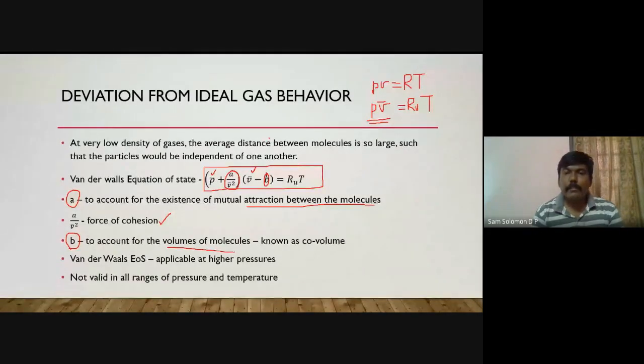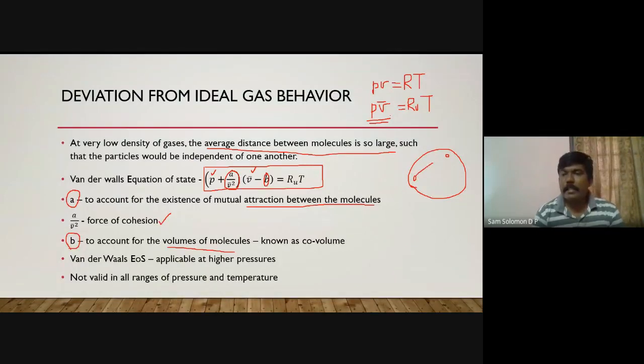If you look at the ideal gas behavior, the average distance between the molecules is so large. In a low dense gas, one molecule may be here and the other molecule may be here. Look at the volume of this particular molecule. It is very small, right?